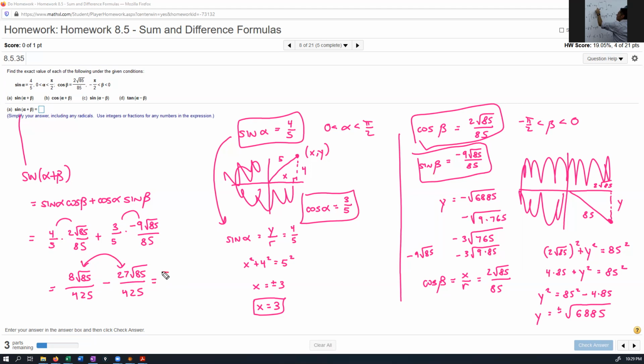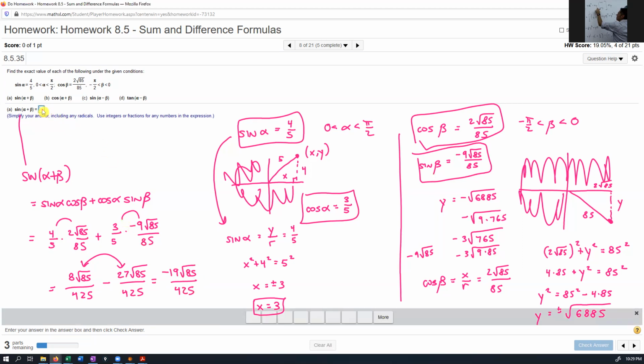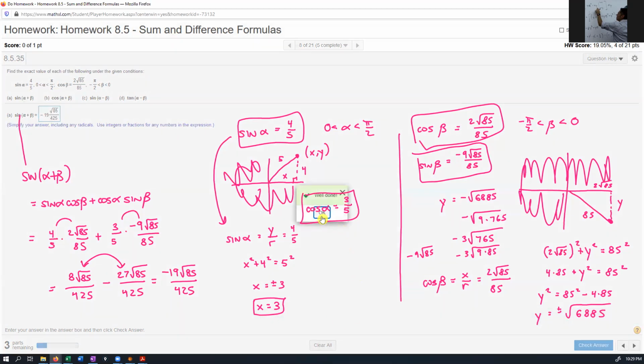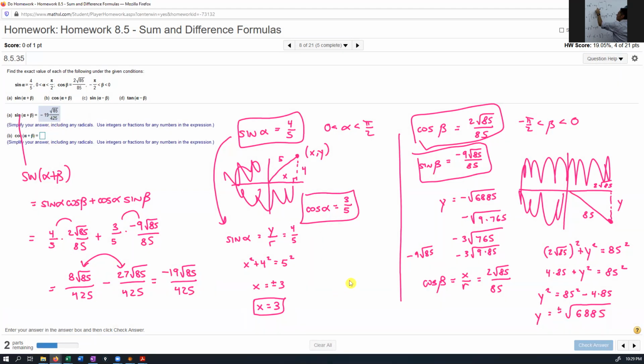So that's going to give us negative 19√85 over 425. Let's see if it'll take that answer here. Negative 19 square root of 85 divided by 425. It took it. Okay, so I hope that all makes sense.